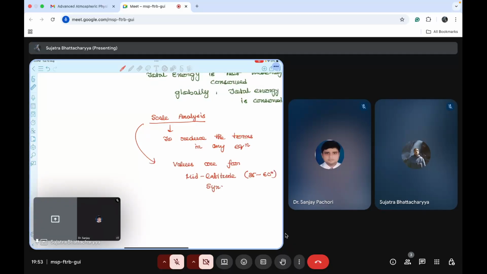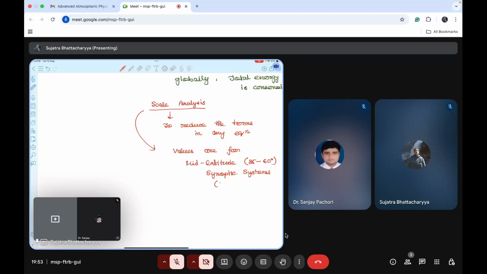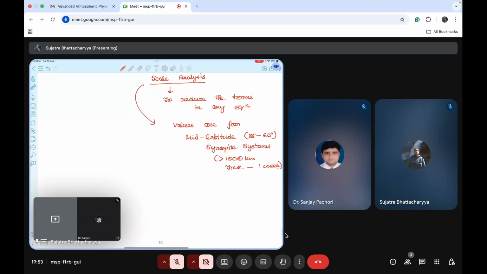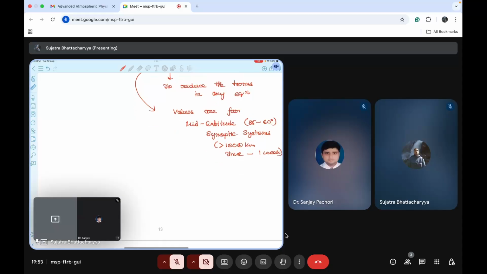Synoptic systems means more than 1,000 kilometers, and the time scale is roughly about a week. Okay, so let us jot down some values.